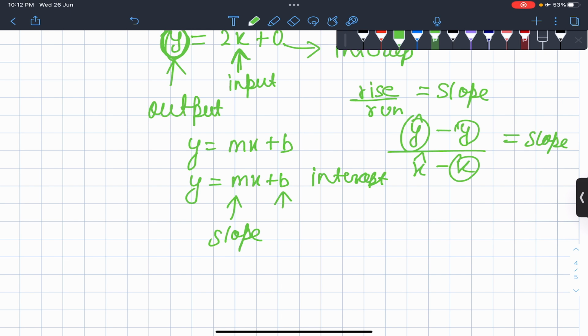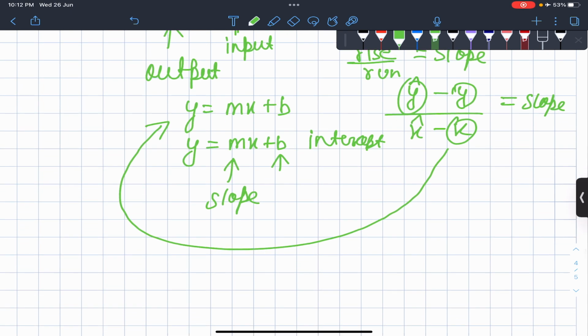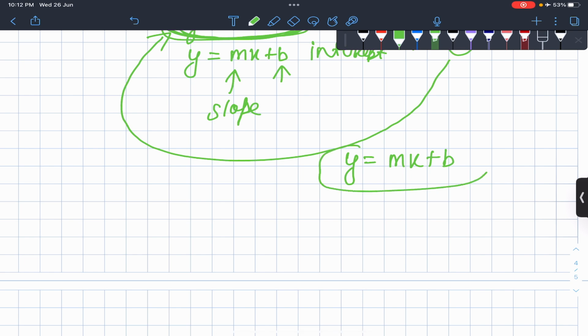So we could generalize a formula, and that's how we got this formula, which will be used to predict whatever we want in the linear relationship. I'm taking so much time, but you need to understand how we got this.